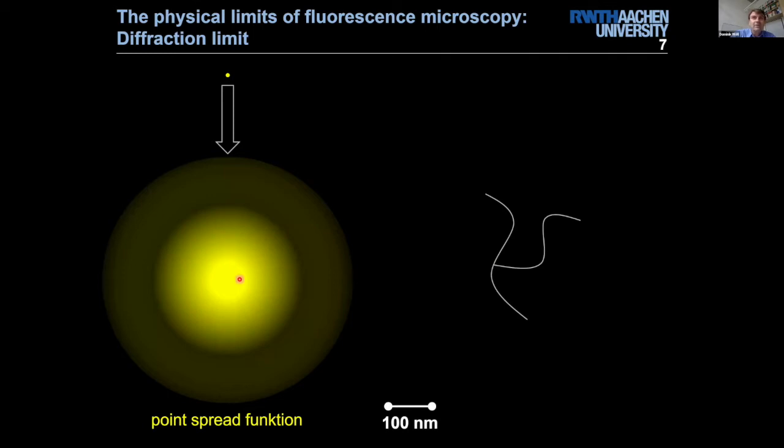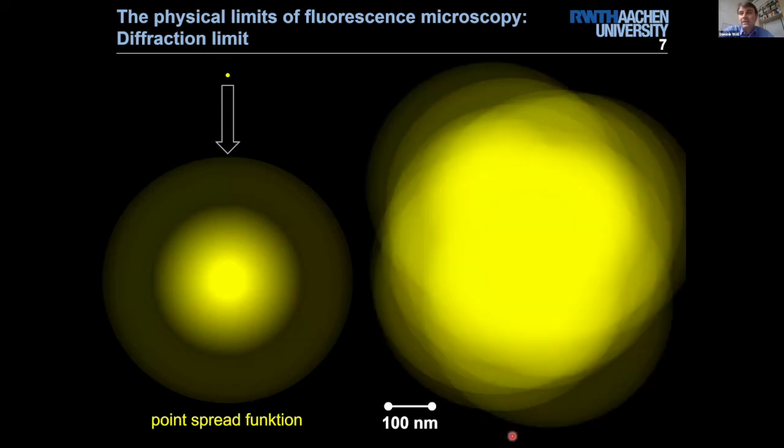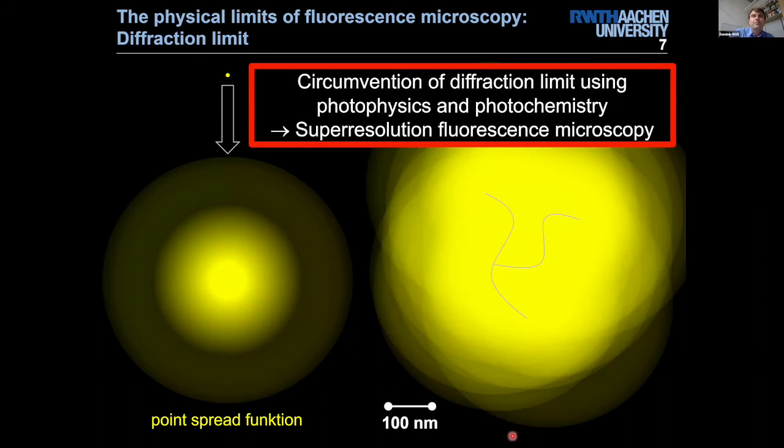But if you have, for example, a polymer structure and you label it, all you see with the diffraction-limited spots is this. And this is of course not good. Therefore there are methods to circumvent the diffraction limit, made of course by very sophisticated people. Three of them won Nobel Prizes, but there were many others also involved. So what do we do here?